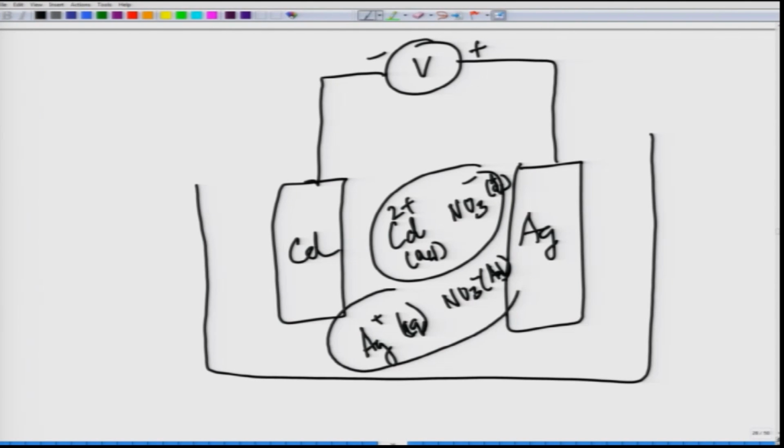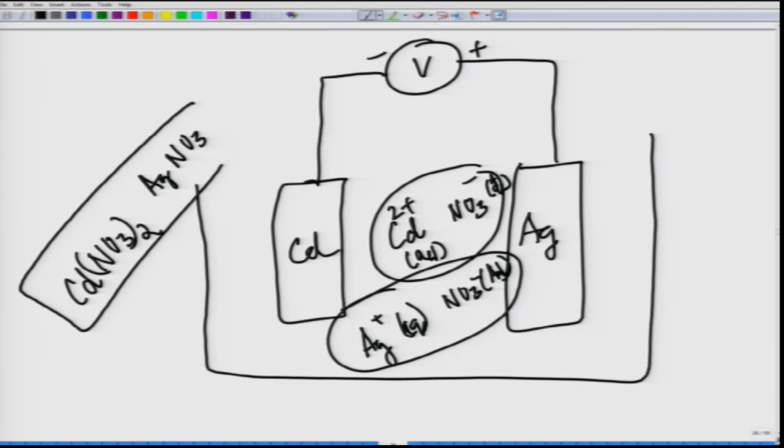So, I am now having two electrolytes which are mixed together. In this situation the solution contains CdNO3 2, AgNO3. Okay. These are the two solutions, or in other words these are the electrolytes.